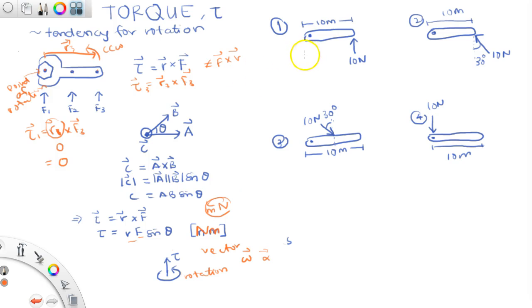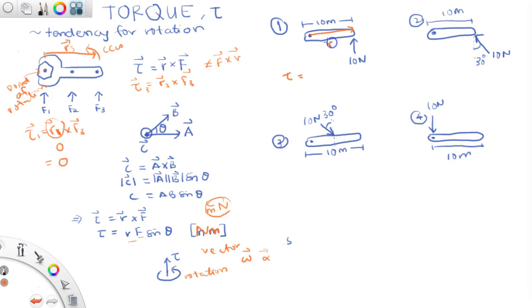Let's look at how we apply this knowledge in the examples. You are given these four cases. For example, here this is the axis of rotation, and this is the point of action where you give a force. Calculate this torque. First you have to determine the vector R, like this.